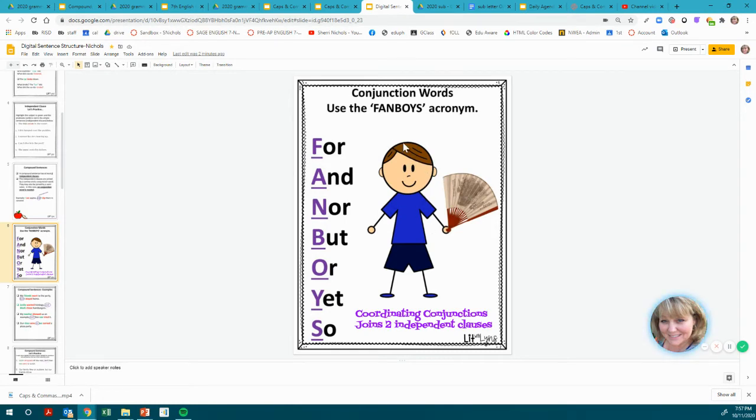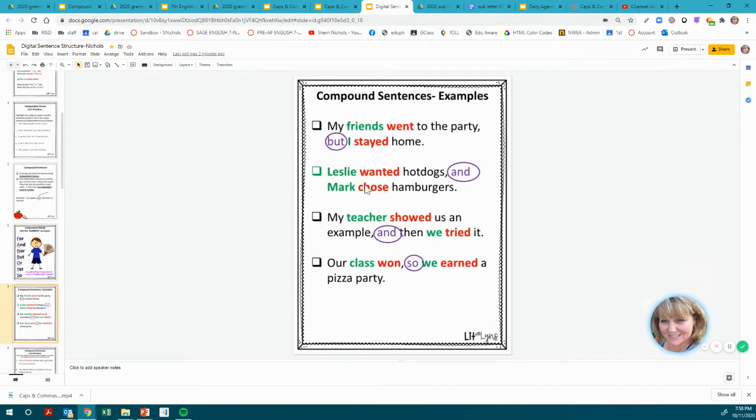We use a little acronym called FANBOYS to name these. So here are the 7 coordinating conjunctions: for, and, nor, but, or, yet, so. If you notice, it spells FANBOYS. Learn those 7, and those are the only 7 coordinating conjunctions you'll ever use to join 2 independent clauses. Memorize them, use them. You will see those a lot in a test.